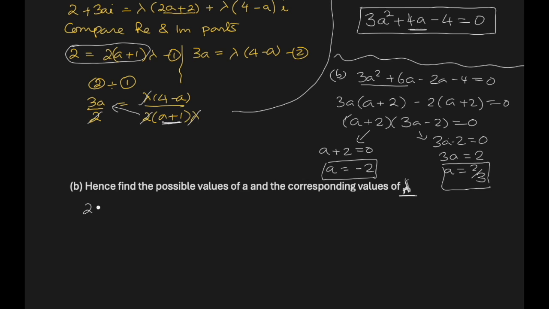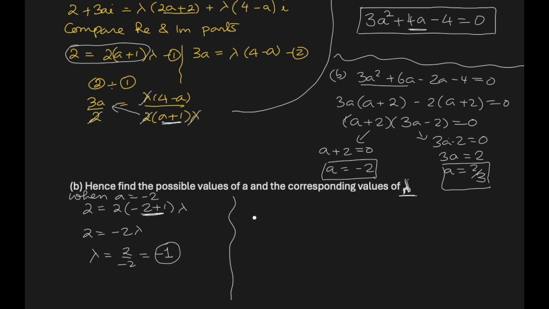So 2 equal to, though I can cancel them also, but I'm just keeping them, a is here, minus 2 plus 1, when a is minus 2, lambda. So minus 1, so 2 equal to minus 2 lambda. Lambda is 2 divided by minus 2, which is minus 1. This is lambda's first value.